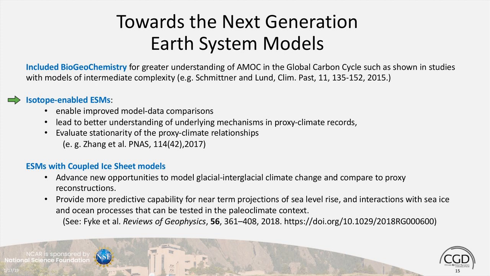And this will enable improved model-data comparisons, will lead to better understanding of the underlying mechanisms in proxy climate records, and it will help evaluate the proxy climate relationships and their stationarity.